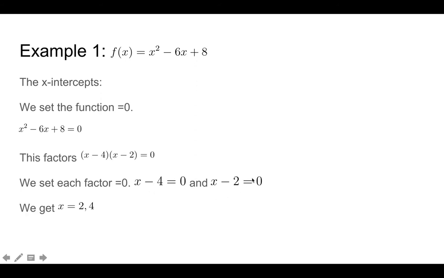We get x equals 2 and x equals 4. So we get two x-intercepts, 4, 0 and 2, 0. X-intercepts are points. We got those by plugging in y equals 0. So in an x-intercept, you always have y equals 0. It's where you're hitting the x-axis, y equals 0.